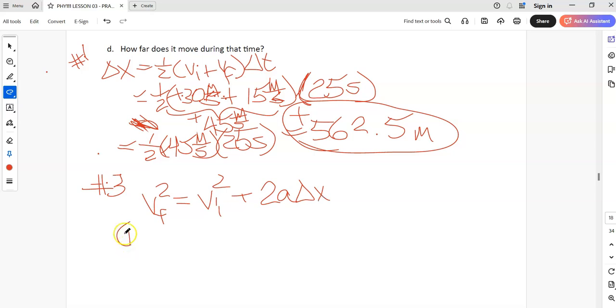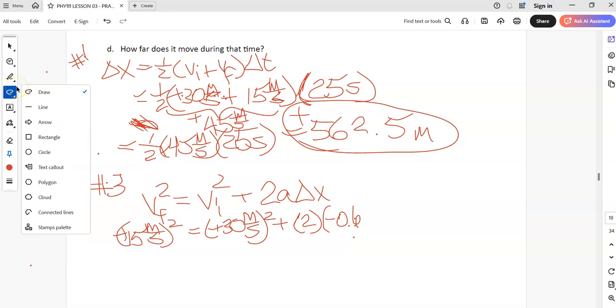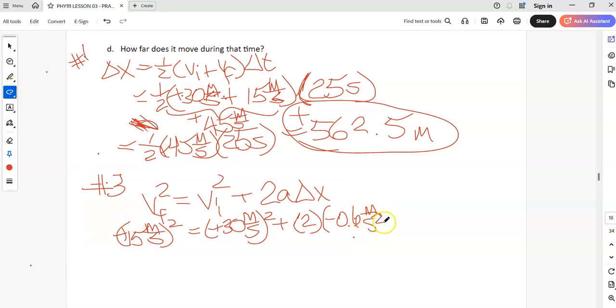We know the final velocity is plus 15 meters per second, and we need to square that. We know the initial velocity is plus 30 meters per second, quantity squared. And then we have 2 times our acceleration, which we now know is negative 0.6 meters per second squared.